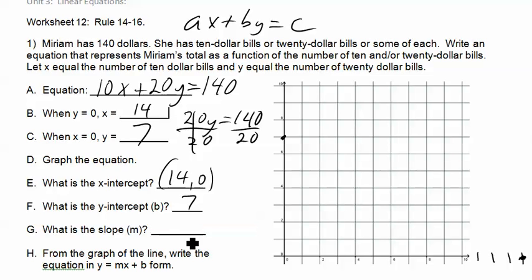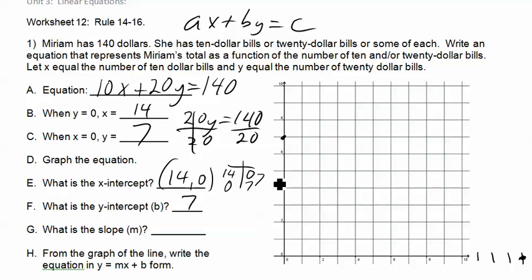What is the slope? All right, so the slope is change in y over change in x. So we need our 2 points here. We have when y is 0, x is 14. When x is 0, y is 7.